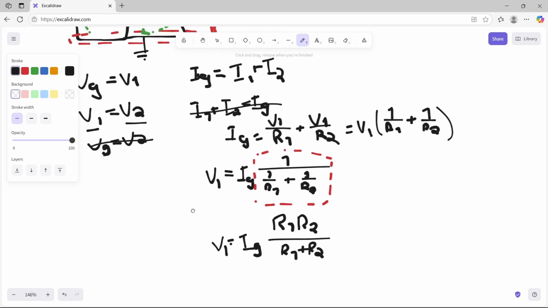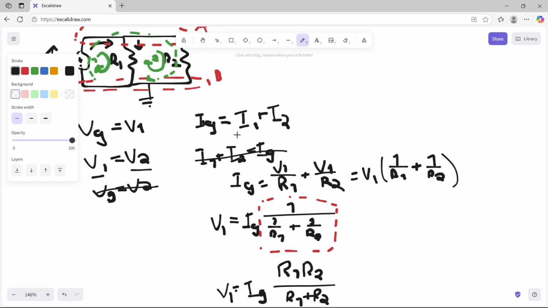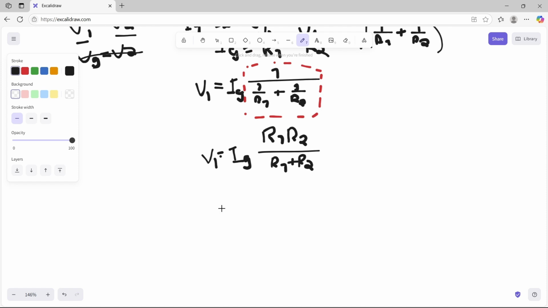Well, here comes another question: I know V1 now. How do I actually calculate I1? Well, we know that V1 once again equals I1 times R1, and we can set that equal to this new value relating the current through the circuit.